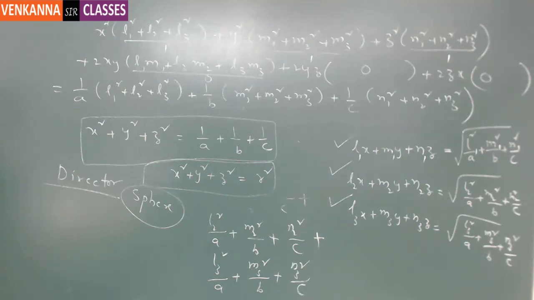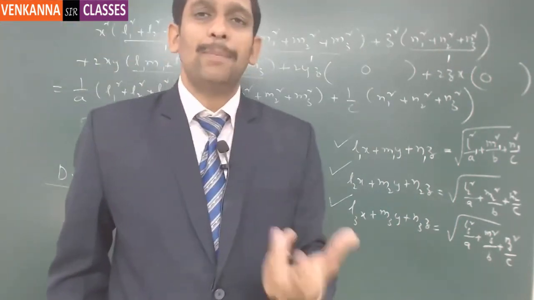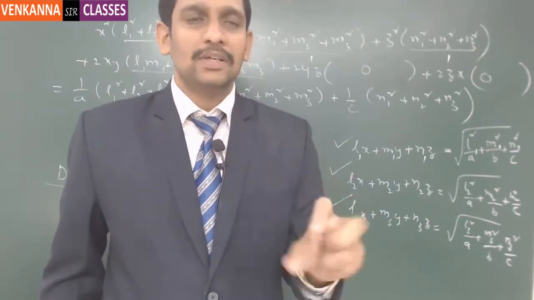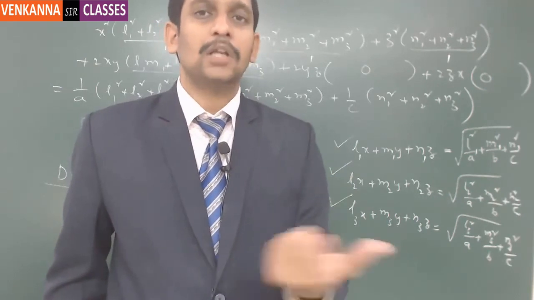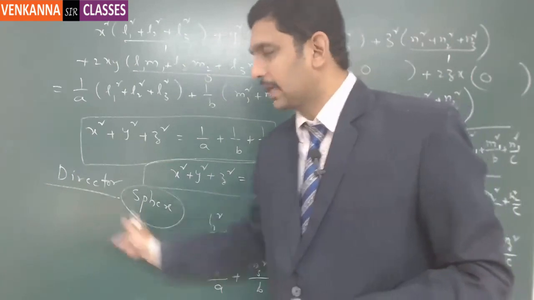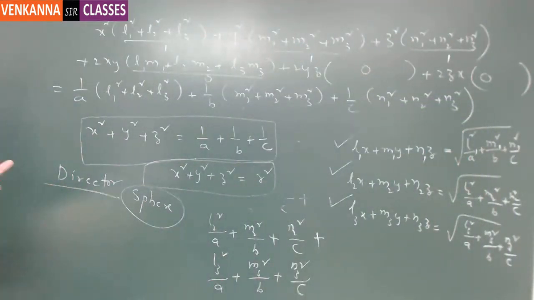So the thing we need to remember here is, director sphere means the locus of the intersection of 3 mutually perpendicular tangent planes gives us a sphere on the conicoid. That sphere we are calling the director sphere. Okay. So this is one of the previous questions. So please take a note of that. If you are clear with this approach, I take the next one.